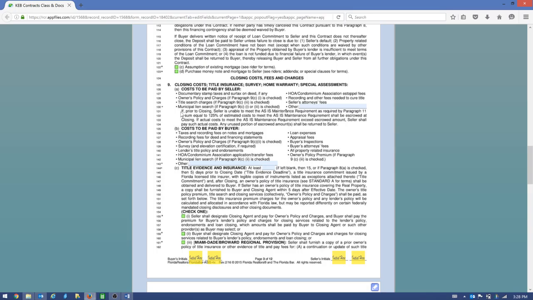But what I do want to point out to you is this paragraph here. If prior to closing, seller is unable to meet the as-is maintenance requirement as required by paragraph 11, which we did talk about, a sum equal to 125% of the estimated cost to meet the as-is maintenance requirement shall be escrowed at closing. So what does that mean?